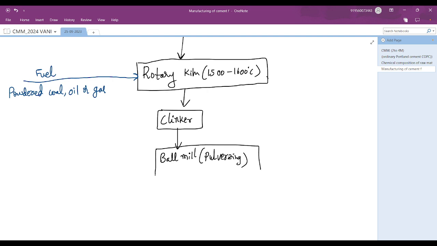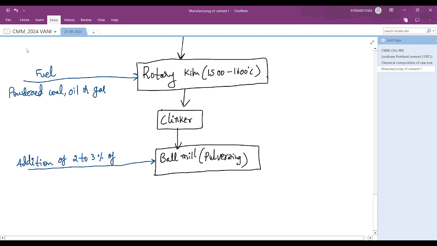During this pulverizing process, we add gypsum to the cement. So here is where the gypsum is being added. Addition of 2 to 3% of gypsum.